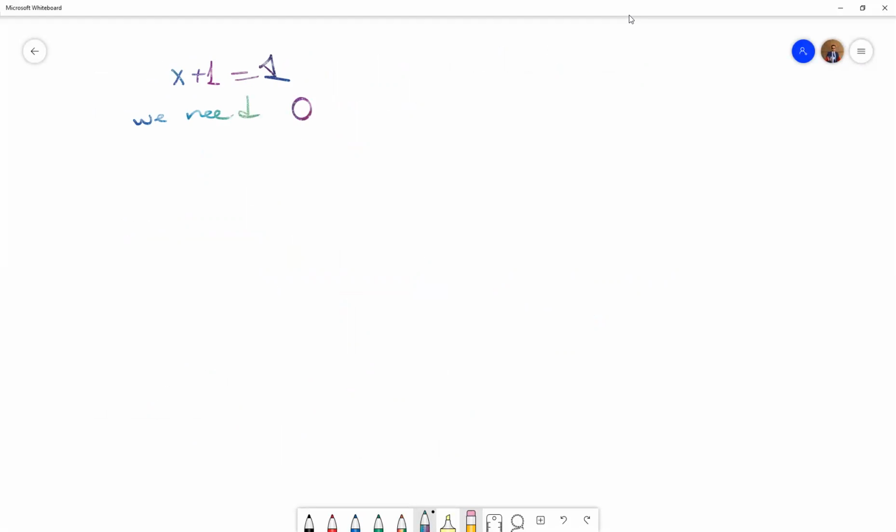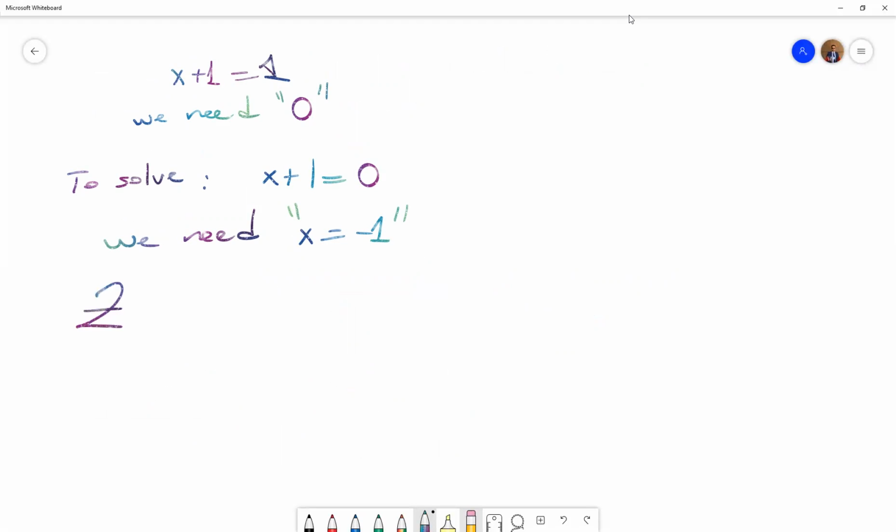So we need 0. Another one, to solve x plus 1 is equal to 0, x is equal to minus 1. So 0 and minus 1 we find. These things are in integers.